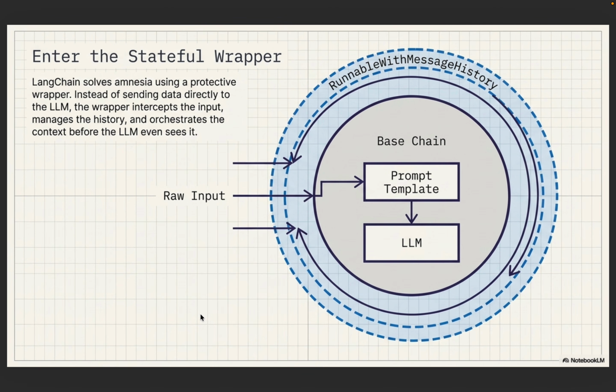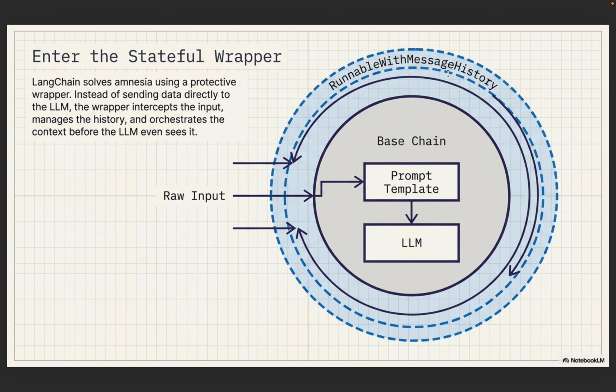This can be solved by providing a wrapper around our basic chain. For example, this is our basic chain: we have a prompt and we have an LLM. We wrap this using RunnableWithMessageHistory. Whenever the user asks something, it comes to the RunnableWithMessageHistory, which takes the history of that particular user and injects it into the LLM to answer based on the context.